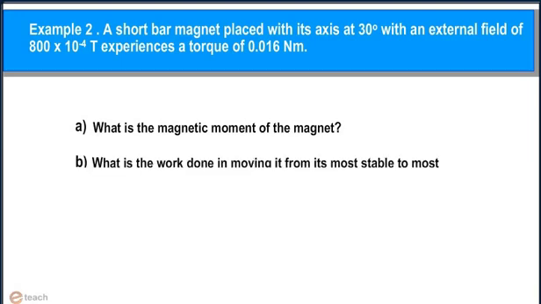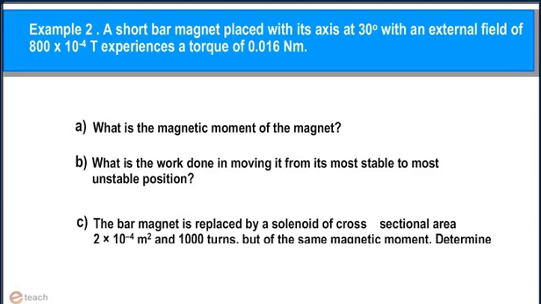B. What is the work done in moving it from its most stable to the most unstable position? C. The bar magnet is replaced by a solenoid of cross-sectional area 2 into 10 to the power minus 4 meter square and 1000 turns, but of the same magnetic moment. Then determine the current flowing through the solenoid.